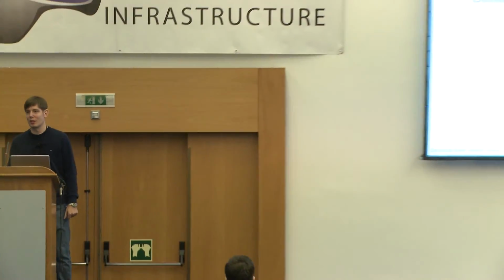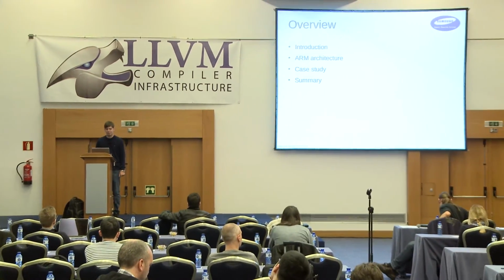I'll just start off with a quick overview. So first, a short introduction, what this is all about. Then I'll talk a little bit about the ARM architecture, just to give some very basic overview for those who are not familiar with ARM yet.